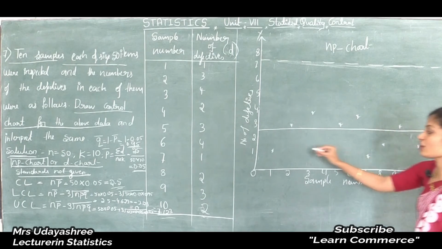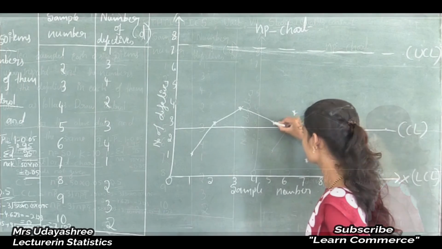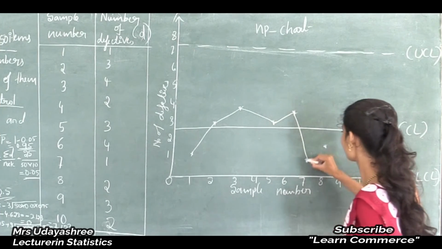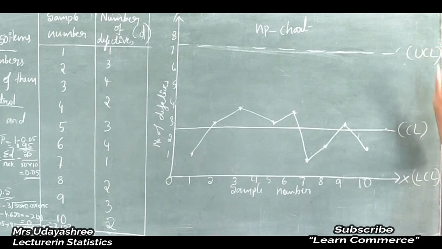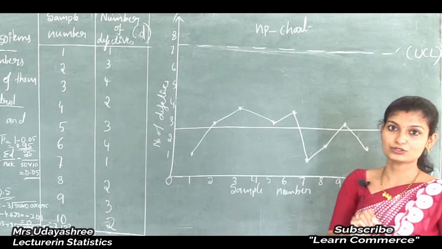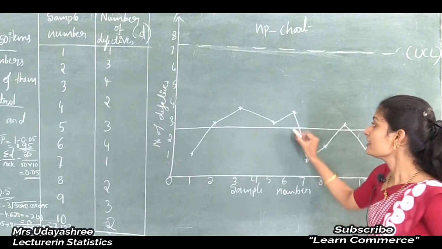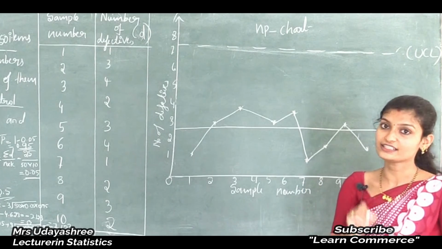Now I will join these points with straight lines like this. See, this is the upper control limit and this is the lower control limit, and here the sample points are inside the control chart. Inside the control chart means the production process is under control.